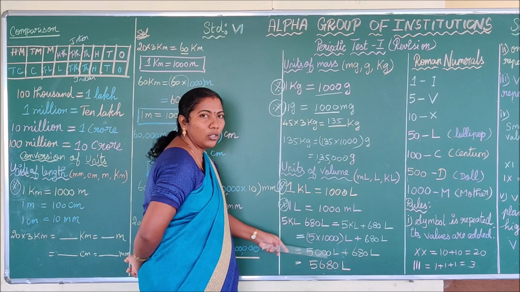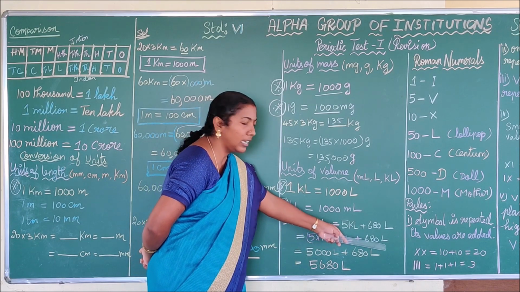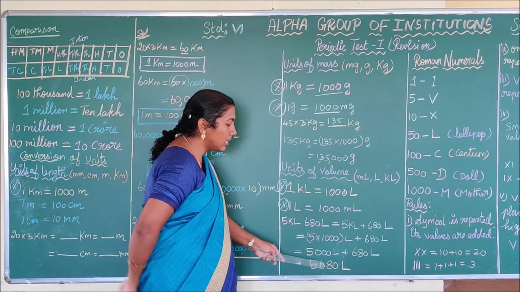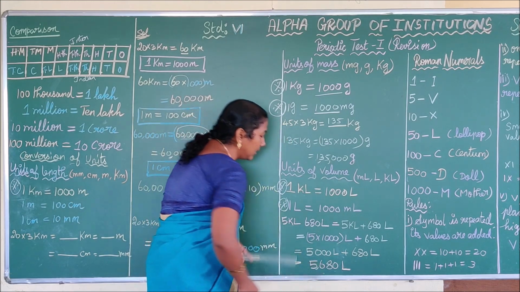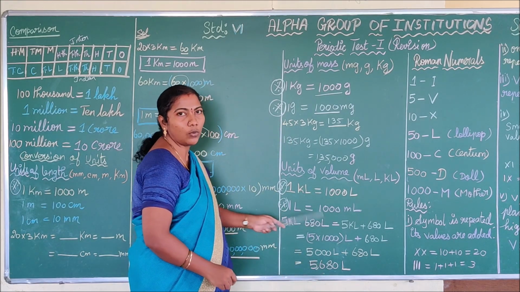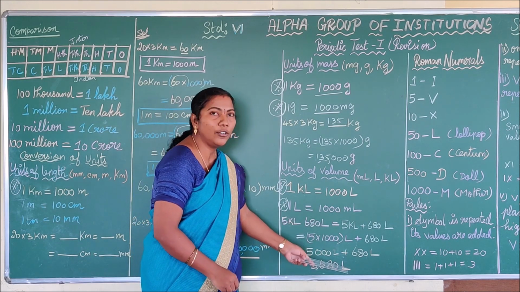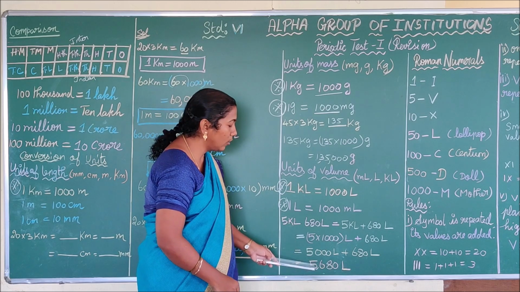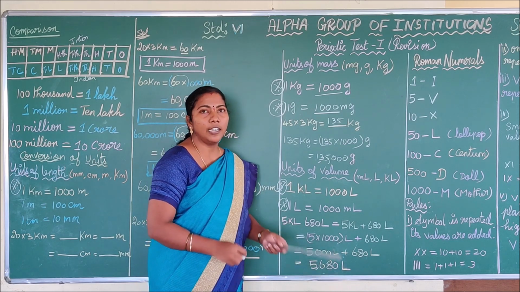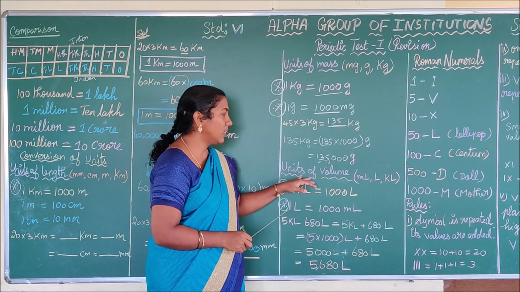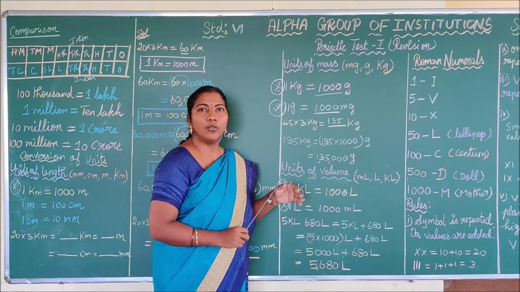You get 5000 liter. Already we have 680 liters. So you have to add these two values. You get 5680 liter. Thus the given value was in two units, kiloliter and liter, and we have changed it into a single unit, liter: 5680 liter. You have to revise the sums based on liter as well as based on volume, mass and the unit of length.